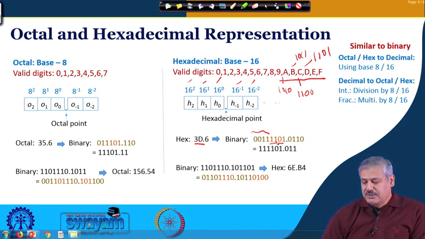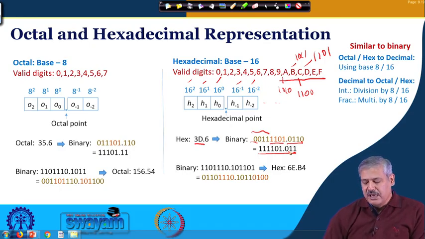And then 6 is 0 1 1 0 in 4 binary digits. Again, the leading zeros and trailing zeros before and after the binary point you ignore, and then this is the corresponding number.